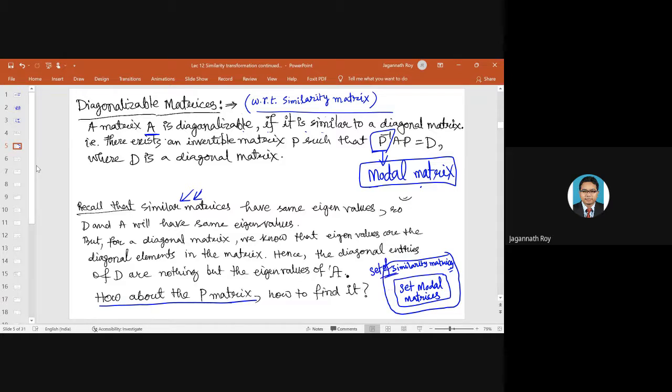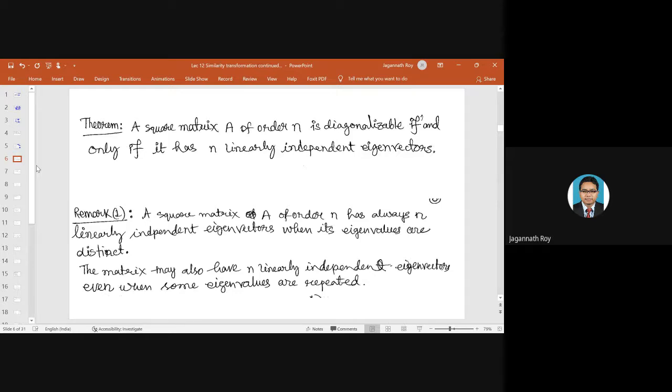Now we'll recall this theorem: if we have a square matrix of order n, it is diagonalizable if and only if it has n linearly independent eigenvectors. That is another way that we have already seen.